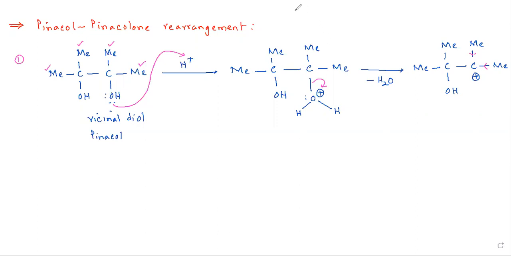But the point is, if suppose I go for this rearrangement, then I mean this 1,2 CH3 minus shift is going to give us this carbocation, which is stabilized by the plus M of the OH group, right?